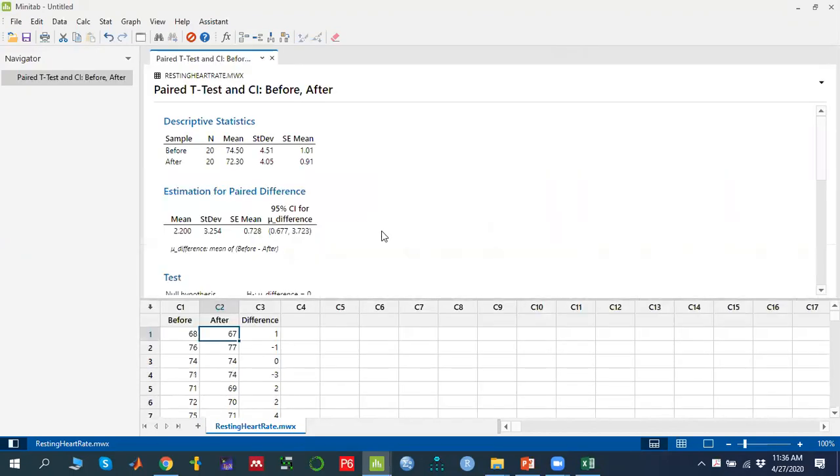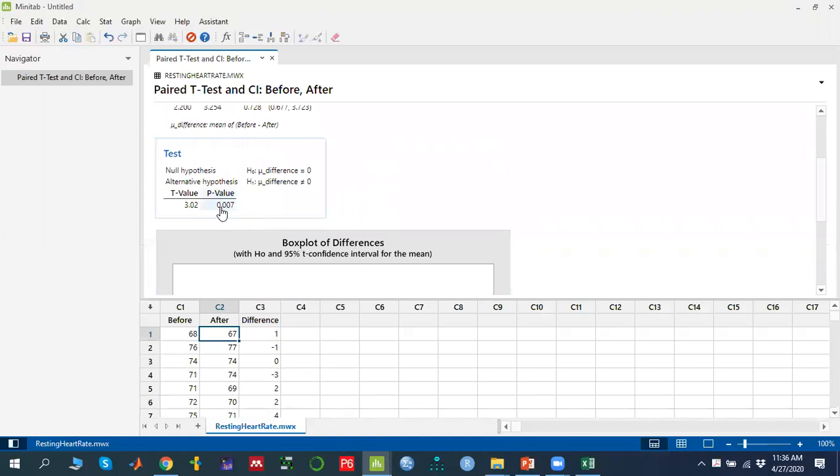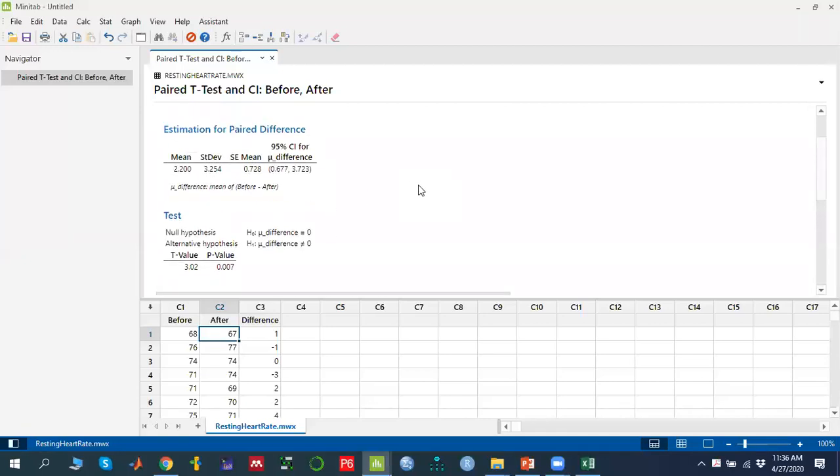So in paired t-test, how we can interpret: the p-value is less than alpha, so we will say do not accept H0, mean reject H0. So that means the resting heart rate before and after the running program is not equal, is not the same. So that means the running program definitely has some impact. Is it a positive impact or a negative impact?